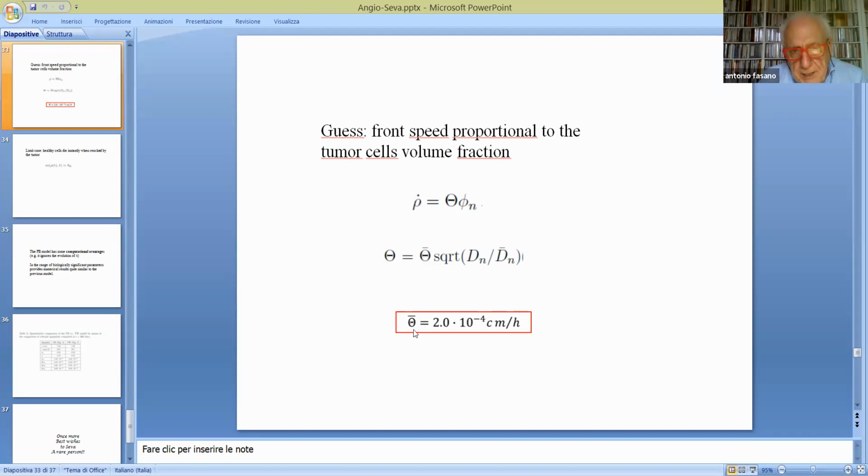This is the corresponding value of the coefficient capital theta.